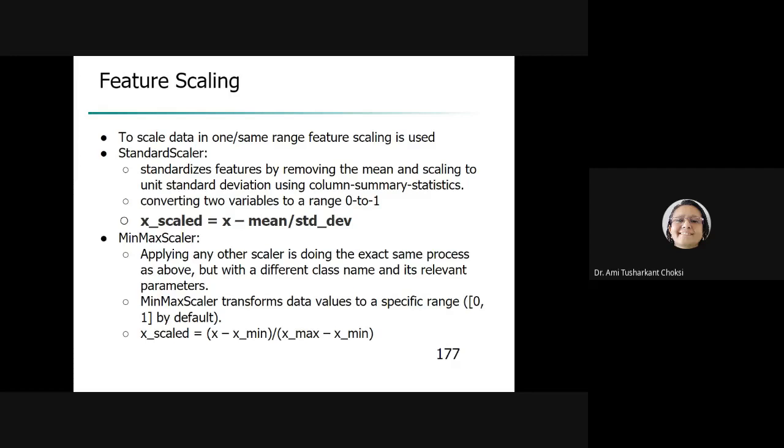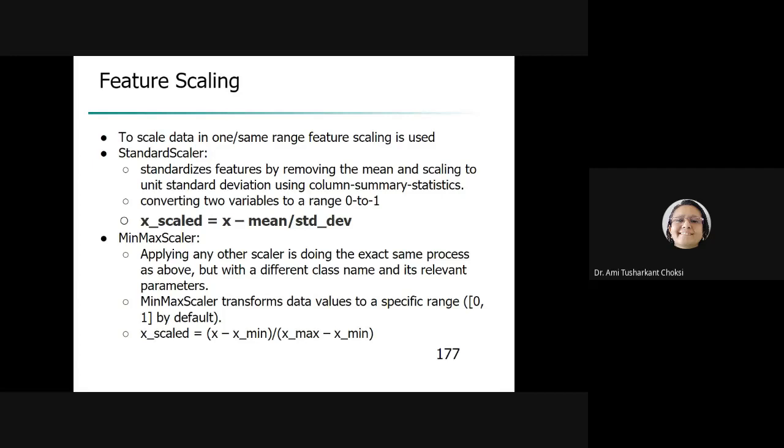For that, we have different types of scalers available. What we want is to change the range of the data, either to a small range or to a bigger range.